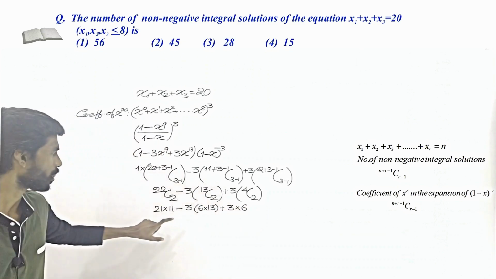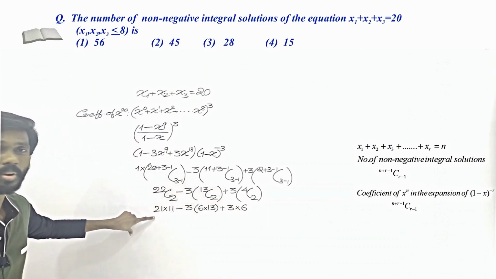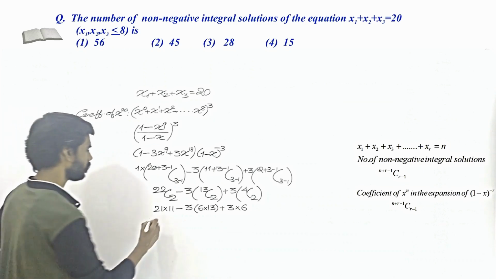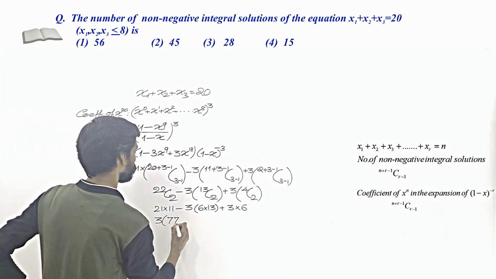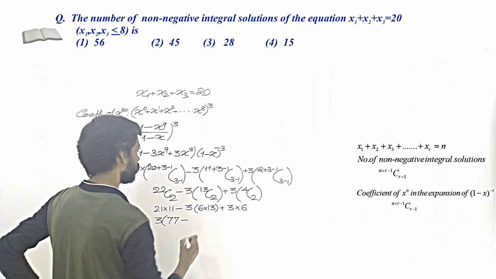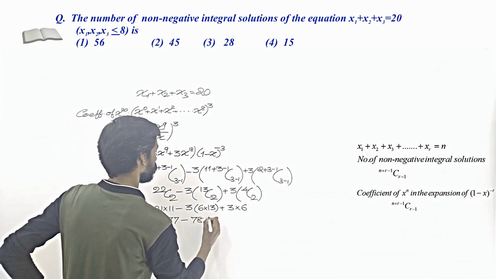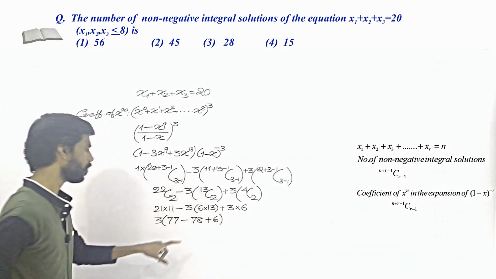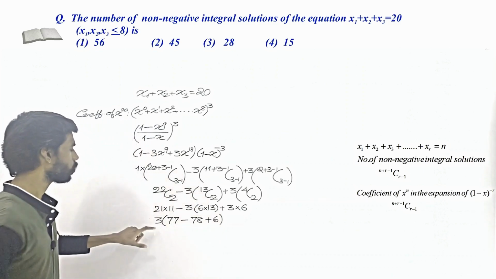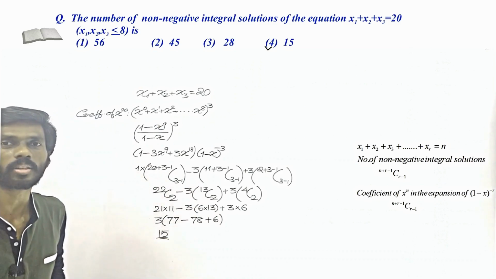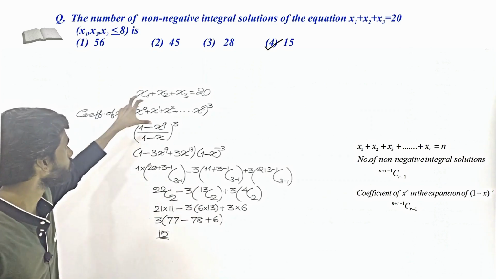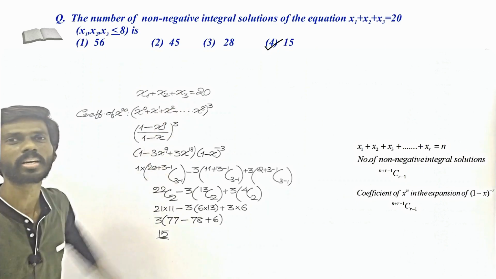If you do the simplification, if there is a common factor we can take it out, like 3. So taking 3 out, it is 7 times 11, which is 77, minus 6 times 13, which is 78, plus 6. So this gives minus 1 plus 6, so 5. So 3 times 5, 15. So that's it, that is the required answer, right? 15 is the number of ways we can find a solution to this equation with the given restriction.